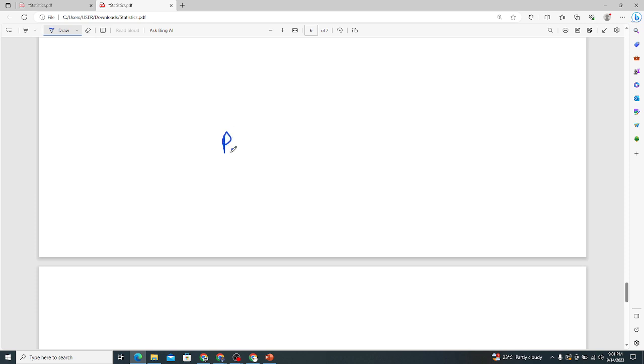By p. Then the probability of not success will be 1 minus p. This is the probability of not success, and p is the probability of success.